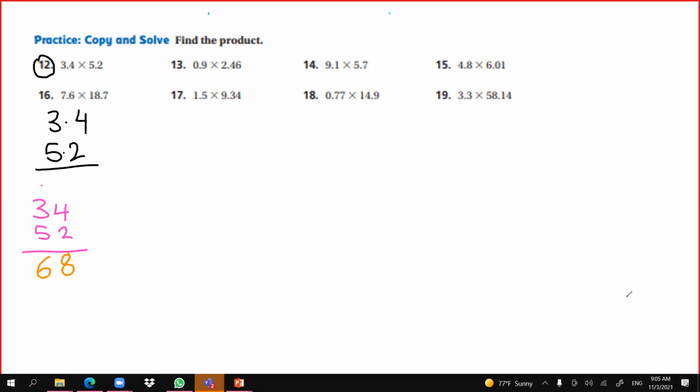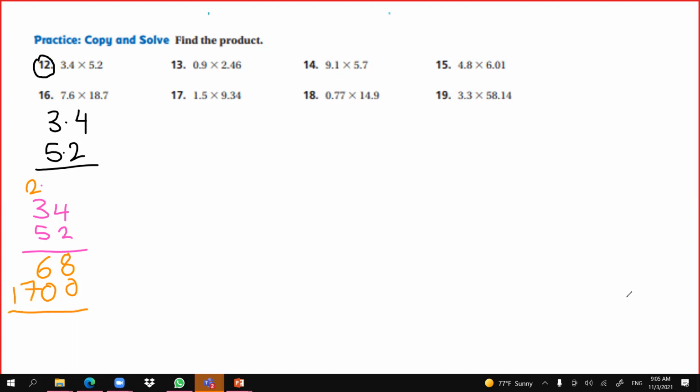Then you have to add 0. 5 times 4, 20. 5 times 3 plus 2, 17.